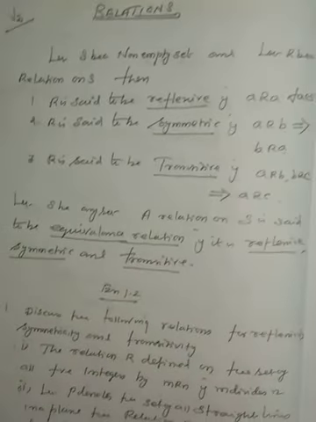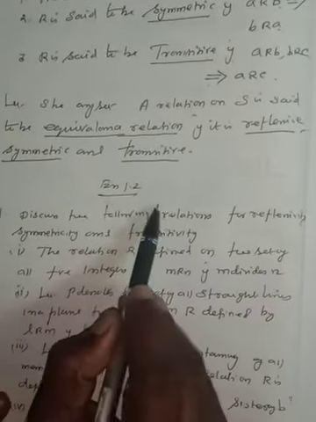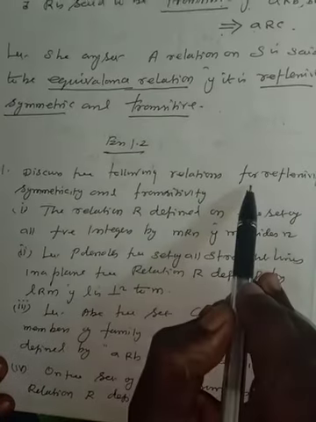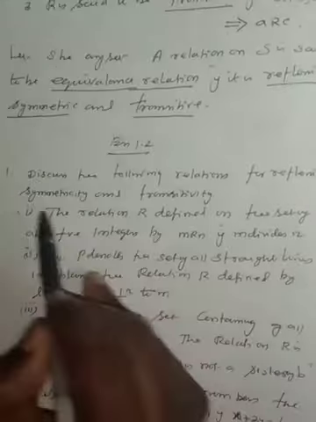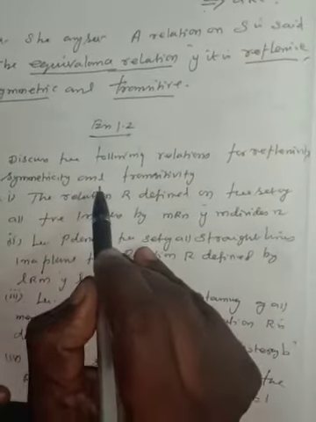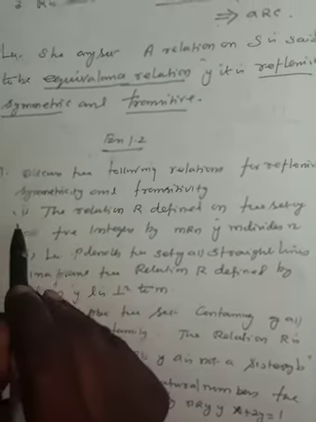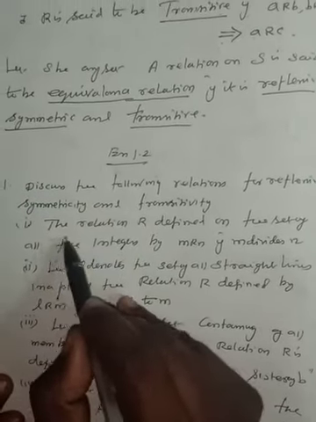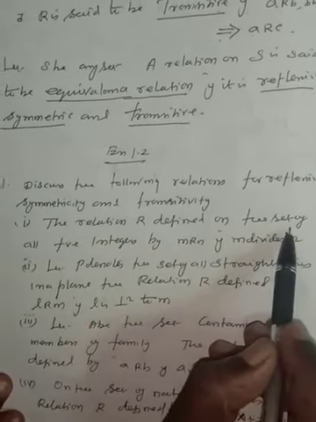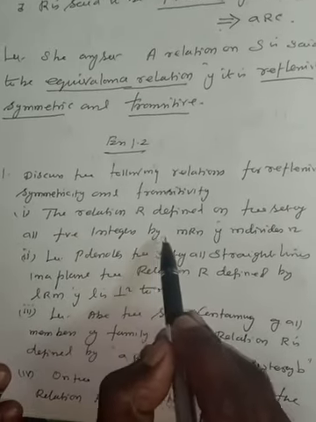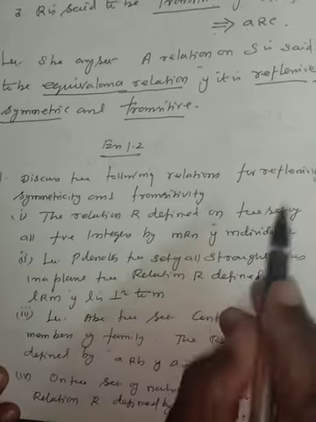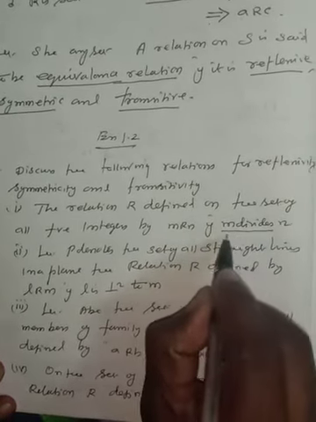Now, Exercise 1.2, sum number 1. Discuss the following relations for reflexivity, symmetry and transitivity. Number 1: the relation is defined on the set of all integers by m relation n if the condition is m divides n.